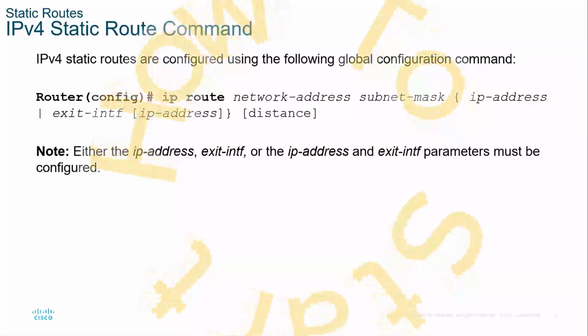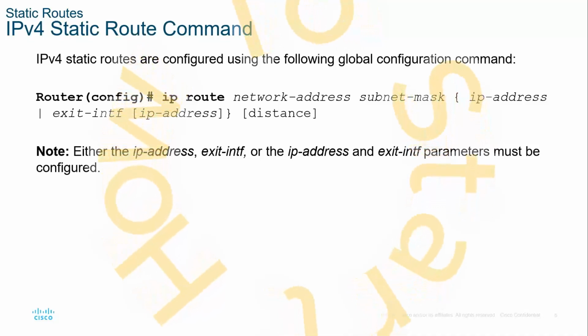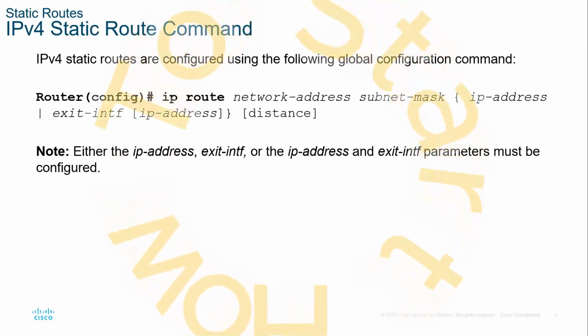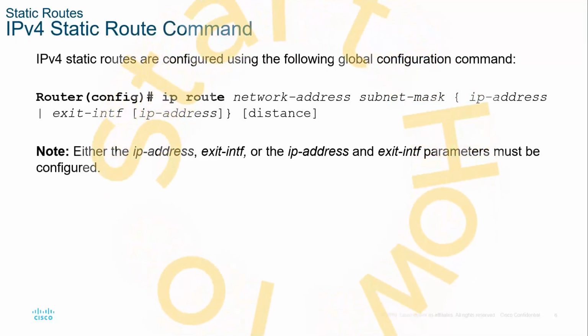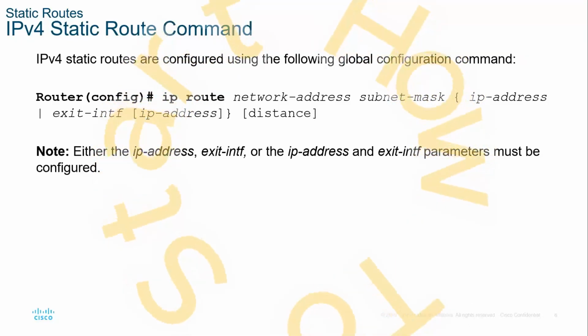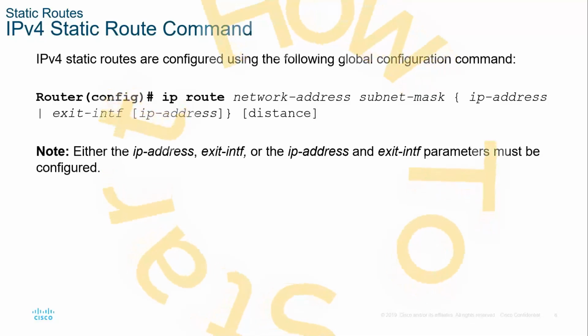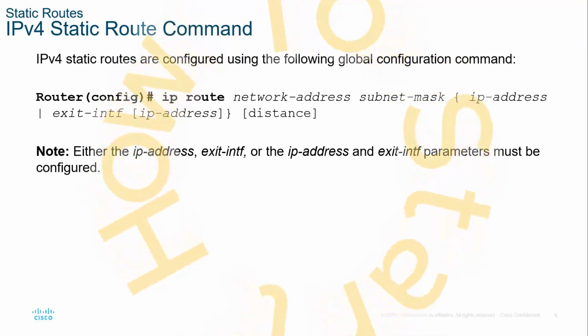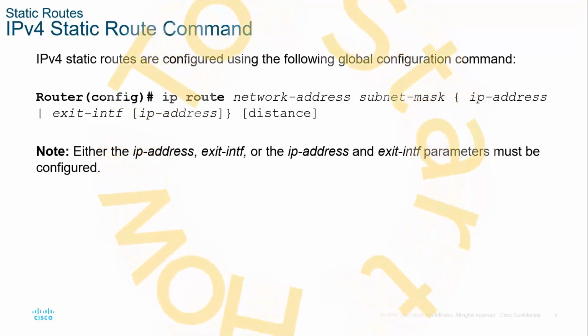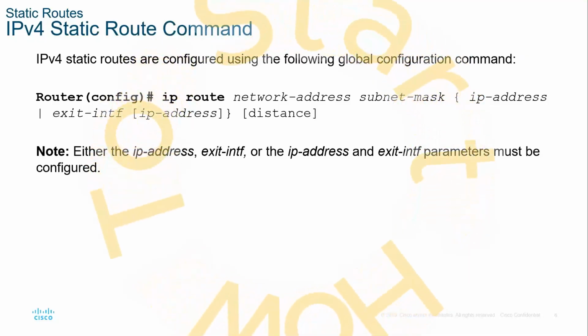So here's an example. IP route, the network address, the subnet mask, and where we want to send it, either the IP address or the exit interface. And we can also set a distance if we want to. When we're doing floating routes, that's what we're going to do. And again, don't stress over it. We have labs going through how to configure this for each of the 4 main types.